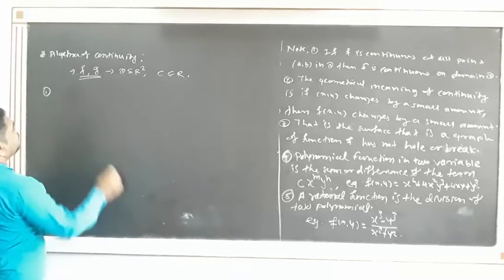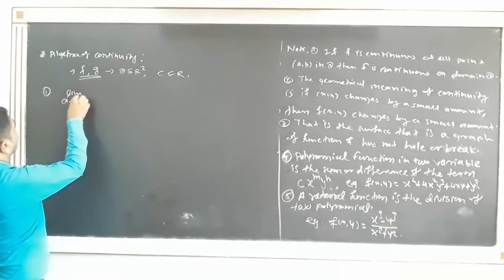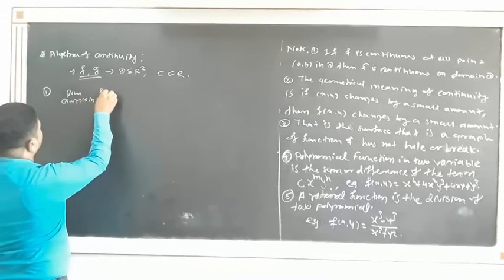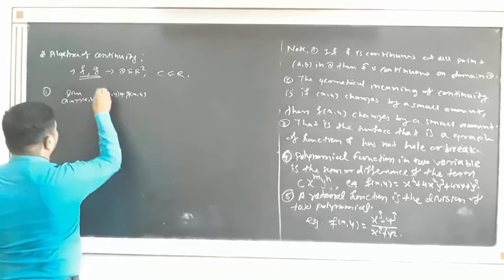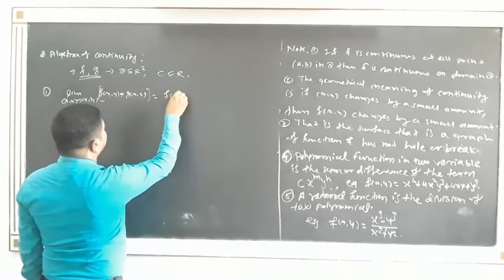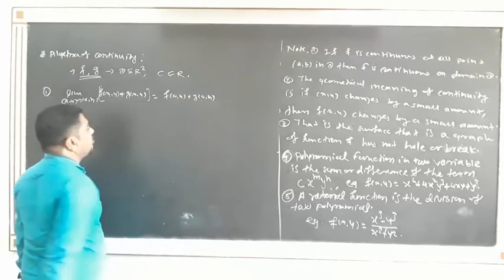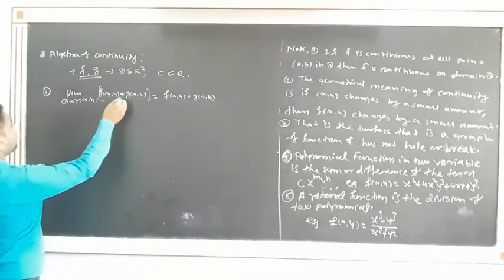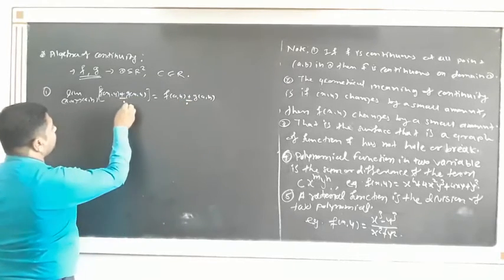Similarly, by using this we can prove the algebra of continuity. The limit as xy tends to ab of f of xy plus g of xy is equal to f of ab plus g of ab. Similarly, you can write it for difference, product, and division.